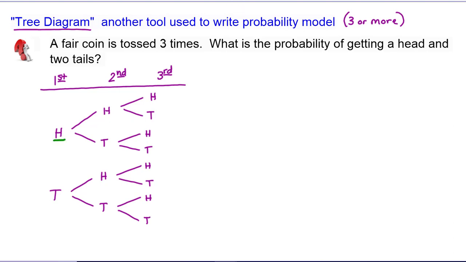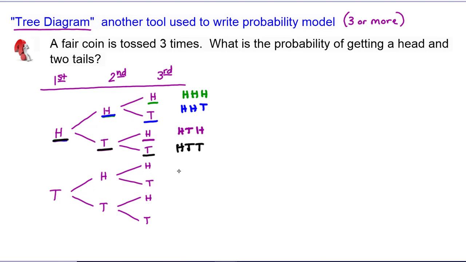I could get a heads the first time, a heads the second time, a heads the third time. So I could get heads, heads, heads. Or I could get heads, heads, tails. Or I could go heads, tails, heads. Or I could go heads, tails, tails.